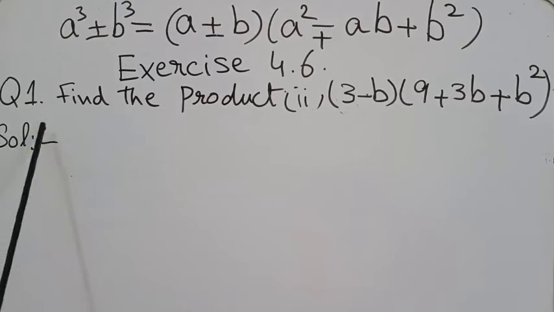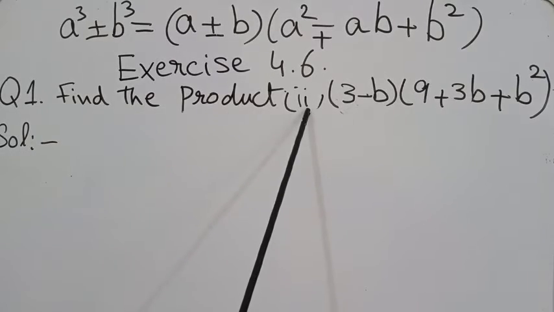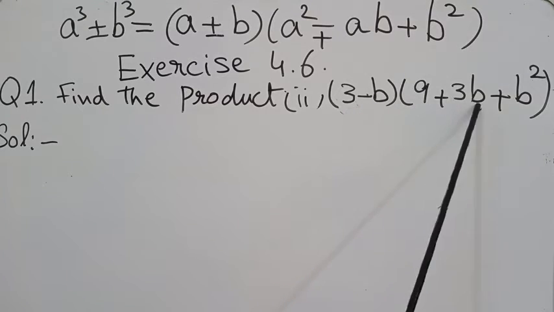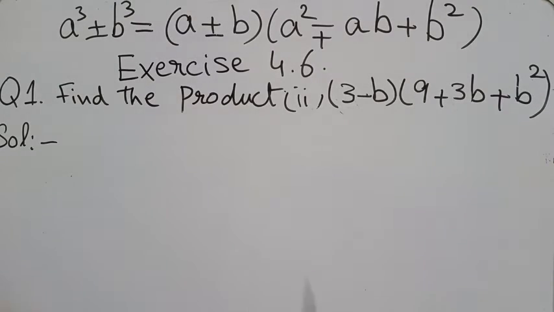Exercise 4.6, question number 1, find the product. Second part of question number 1: 3 minus b into 9 plus 3b plus b square. Let us solve this question.